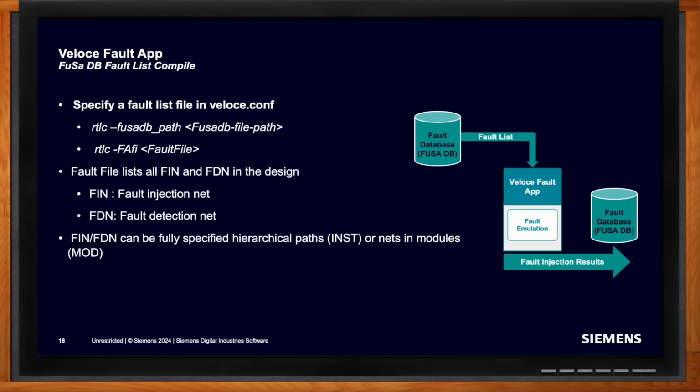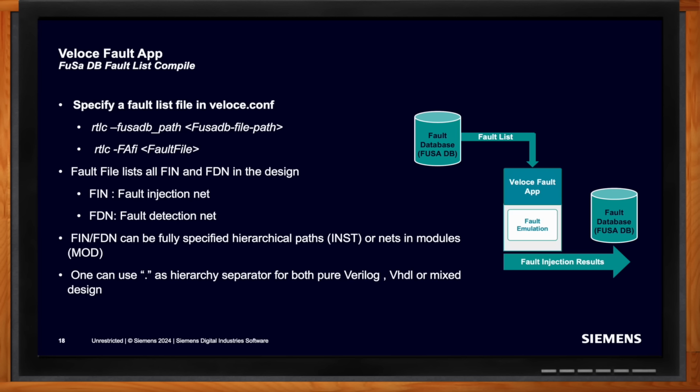They're the points in the design that you want to monitor. And then basically, as the emulation runs, it just monitors those FDNs every time you run it, saves that away. If there's a pass or a fail, it records that back to the database after some light classification. You complete your fault campaign, and then Safety Scope will eventually take over once everything's done to do the final correlation and safety metric analysis.